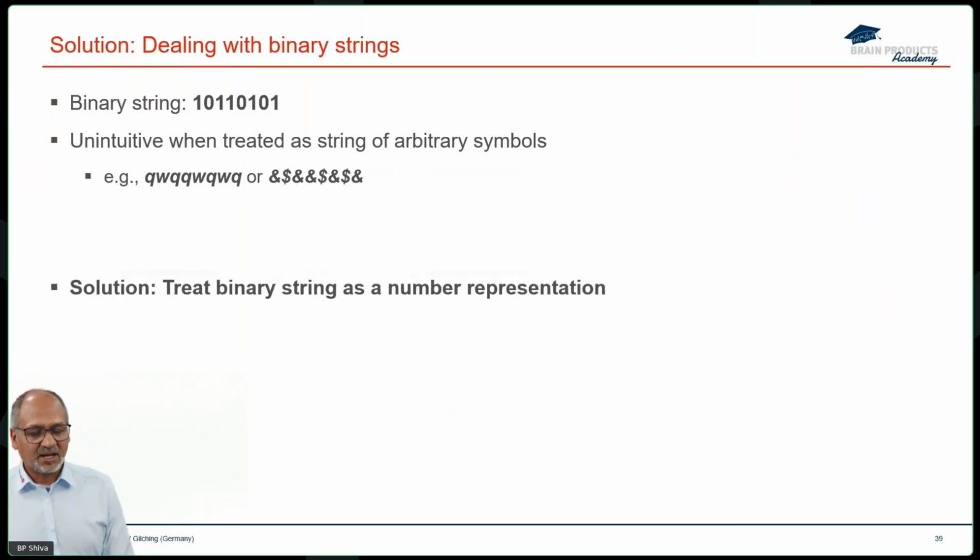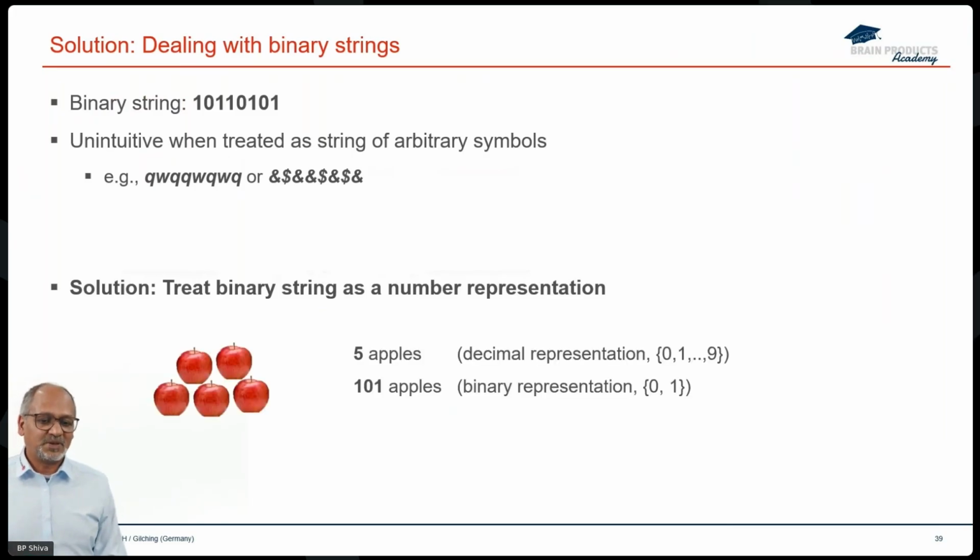So an important solution that has been developed in the use of hardware triggers is to treat binary strings as a number representation. To give an example, the number of apples could be represented in a decimal format, for example, 5, using a decimal representation that goes from 0 to 9. And this is something we all do all the time.